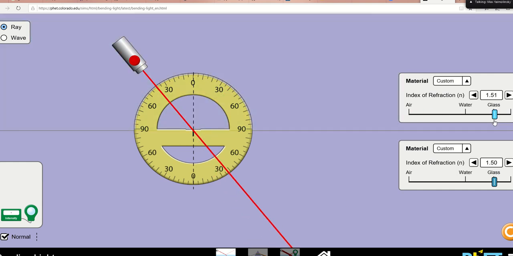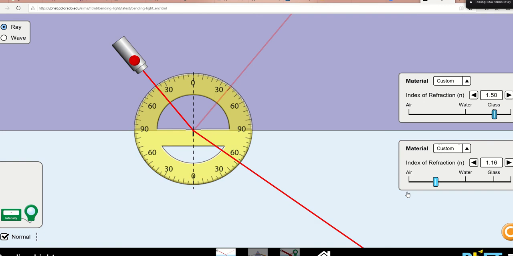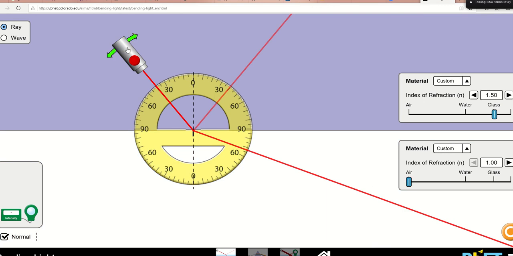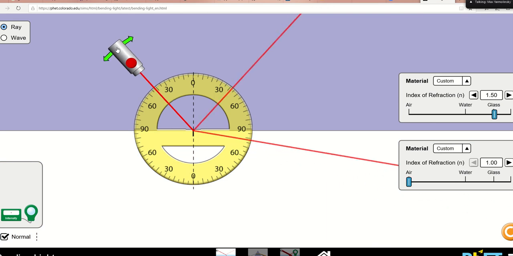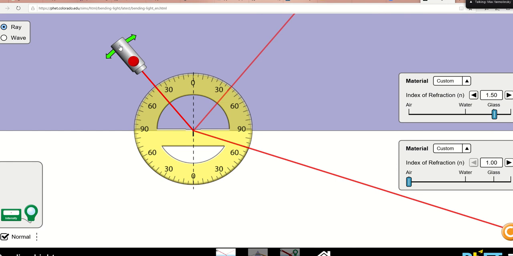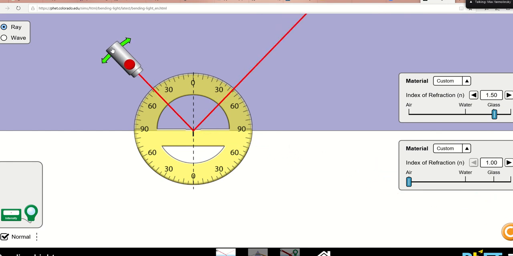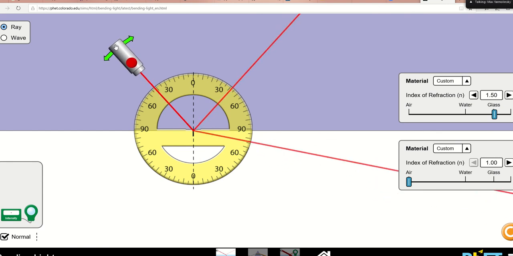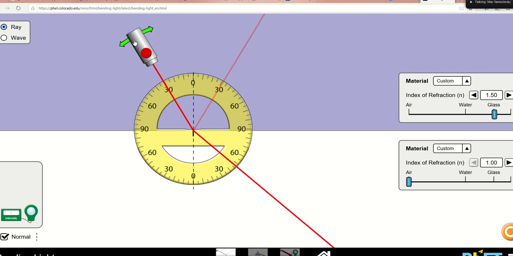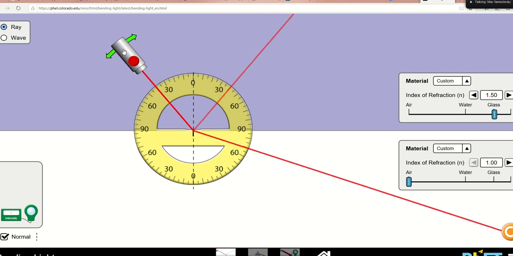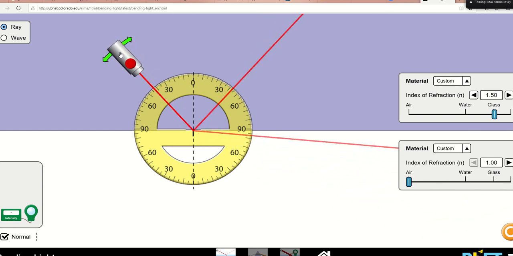Then for part 3 of the lab, you're going to try to find total internal reflection. Remember, total internal reflection is when there's a critical angle such that there is no transmitted light ray. If we keep rotating, we see that at around 43 degrees, there's no light ray escaping into the air.